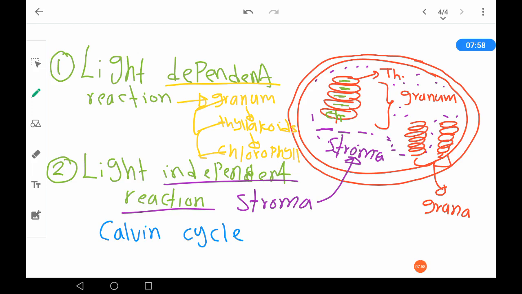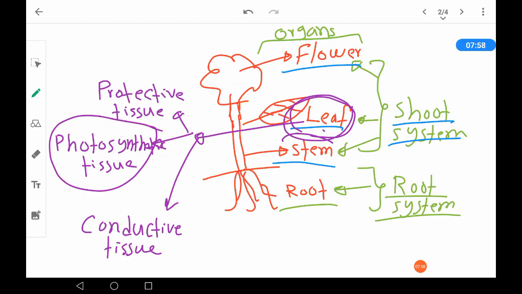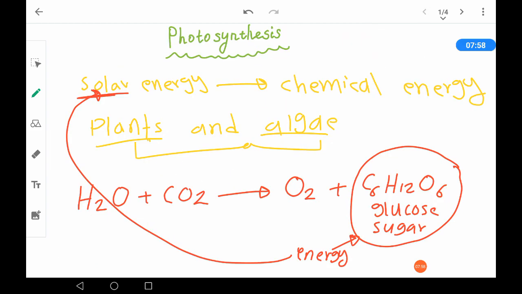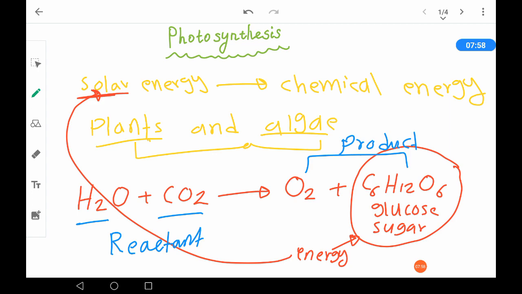Okay. So in the previous slides I showed you the process of photosynthesis. We said that H2O and CO2 will be used in this process as reactants. Oxygen and glucose are regarded as products. Each of these processes takes place in one part of the chloroplast or in one part of the photosynthesis process.